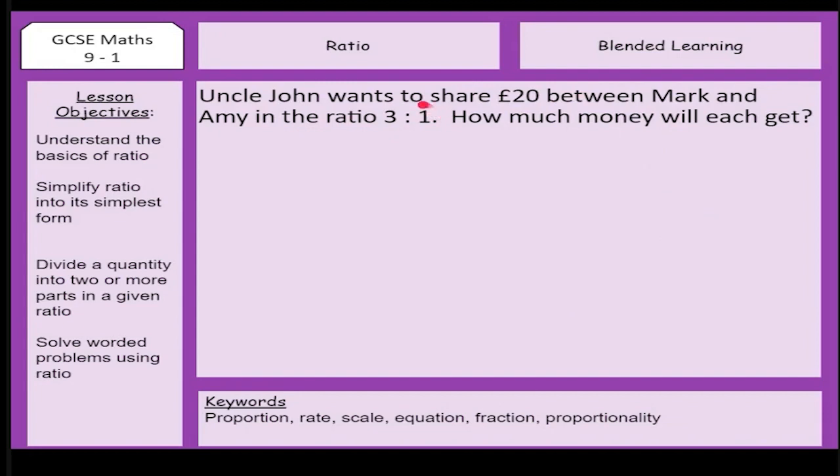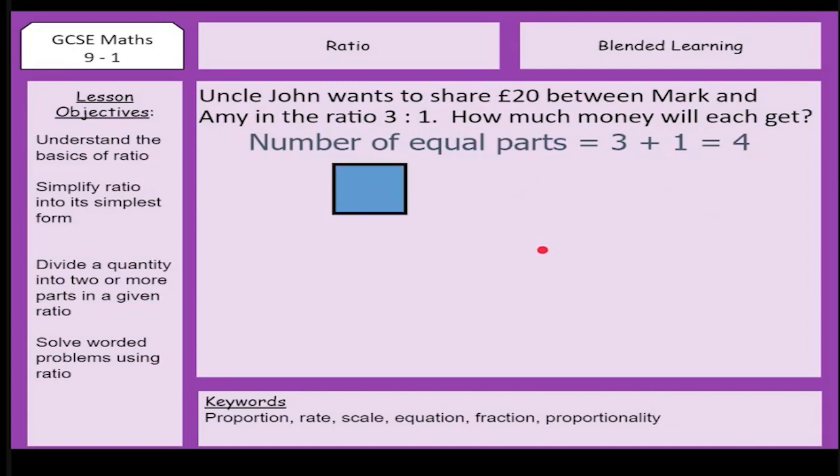So I know that all these parts added together equal this £20. So I add these two together. 3 plus 1 equals 4. So there are 4 parts in total. The 4 parts equal £20. I want to find out what 1 part is.